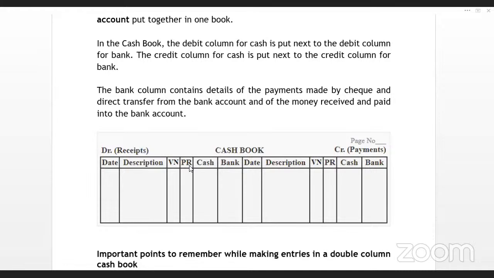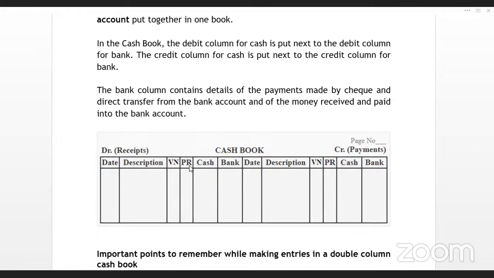We use the PR reference number or code to link the related transactions together, such as the journal entry and its corresponding ledger posting.